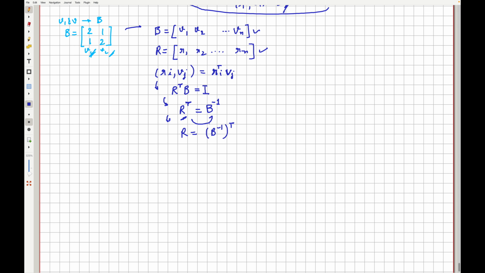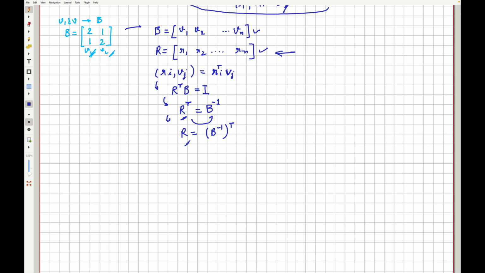This means we can find the reciprocal basis vectors simply by taking the inverse of the basis matrix B and then transposing it. Each column of this new matrix R will be one of the reciprocal basis vectors Ri that we are looking for.